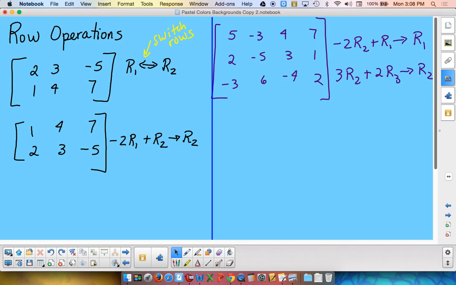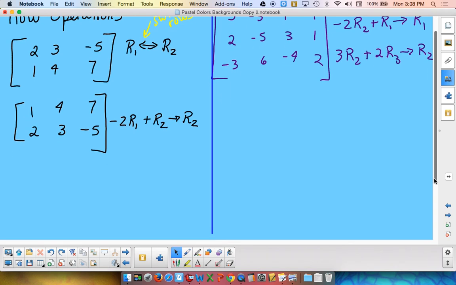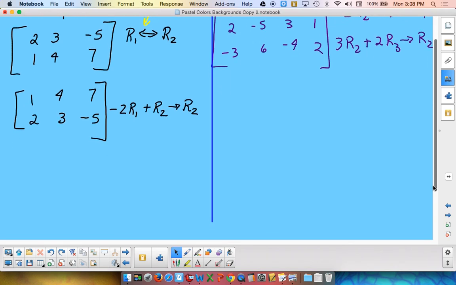It's telling me, and essentially what it's trying to do is elimination. It's telling me to take -2 times row 1, add it to row 2, and then the arrow means where to put the answer. So this is telling me in this particular case that I need to put the answer in row 2.